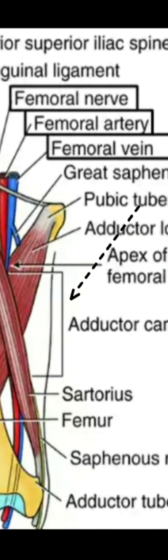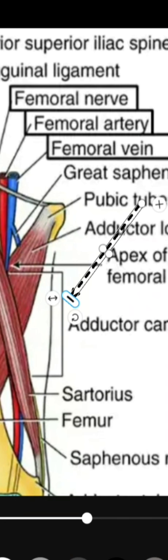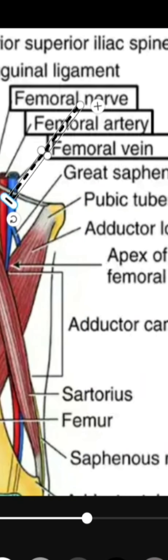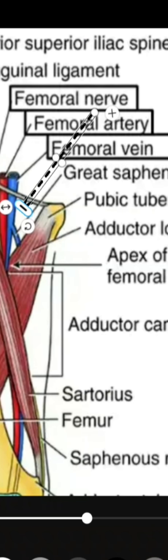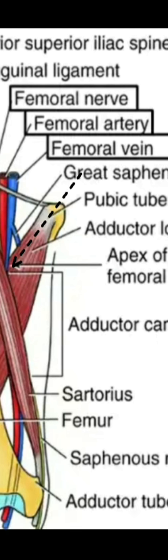It is a long, narrow aponeurotic tunnel in the middle third of the thigh, from the apex of the femoral triangle, this is the femoral triangle here, we'll still discuss that in a jiffy, to the adductor hiatus inferiorly in the tendon of the adductor magnus.